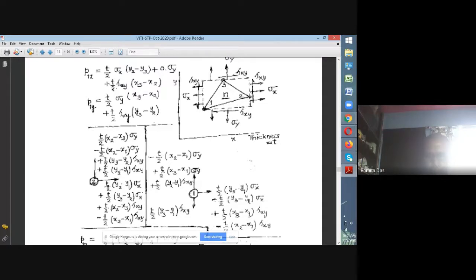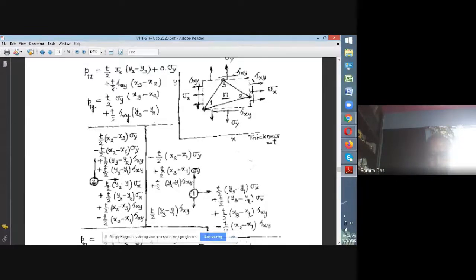The height of this segment is y2 minus y1, multiplied by thickness, that is the area, and sigma x is the stress. So it is y2 minus y1 multiplied by t into sigma x, that is the load. And therefore, we can write the load; I can lump half of the load at node 2 and half of the load at node 1.